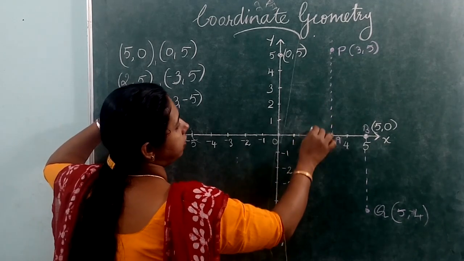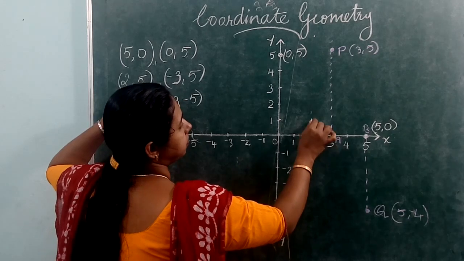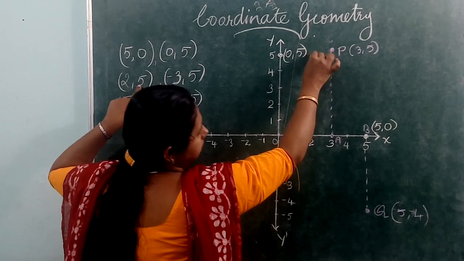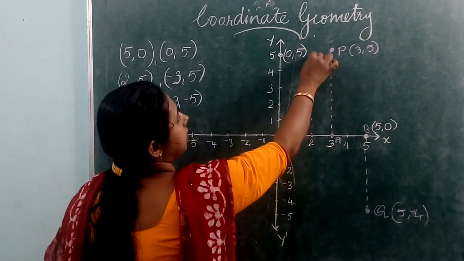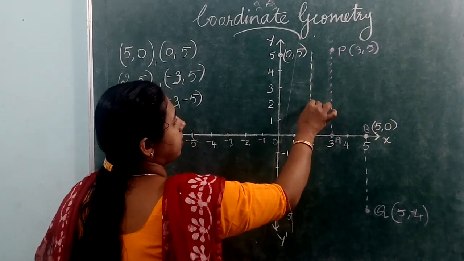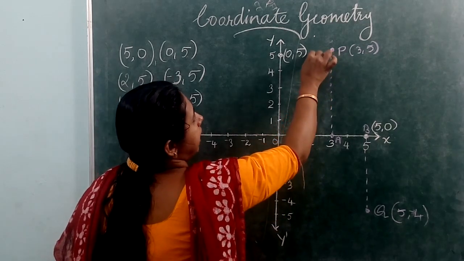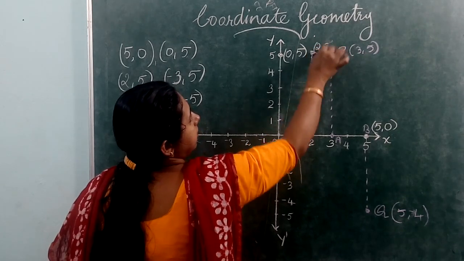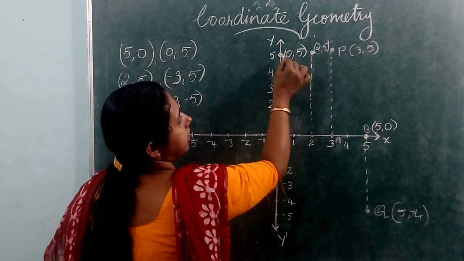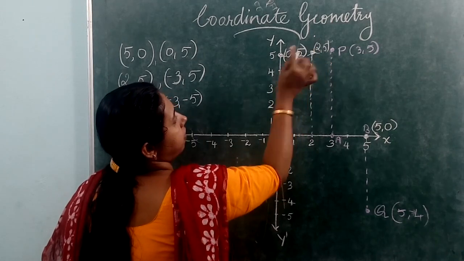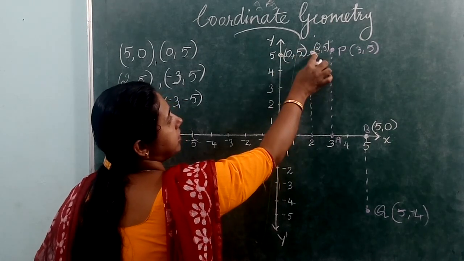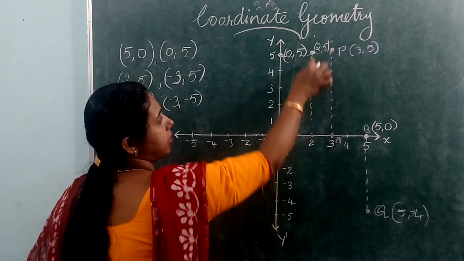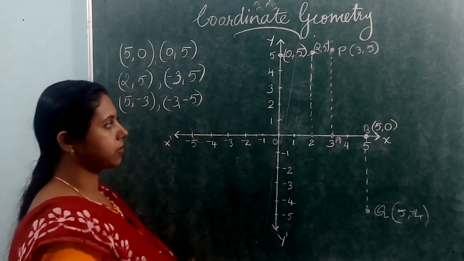So 2, 5, you can mark it. This point is 2, 5.